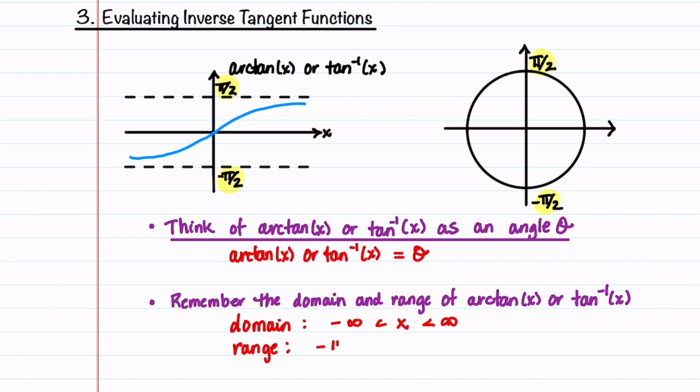So our range is between -pi over 2 and pi over 2, and the angle can be in quadrant 1 or in quadrant 4.